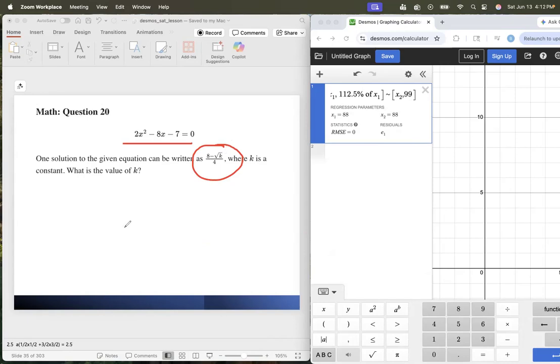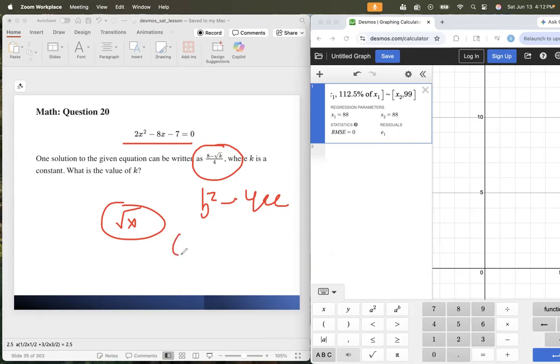Two, whenever they give me a quadratic equation and there's something under the square root as a portion of the solution, that thing is the discriminant. If you look at the quadratic equation, it's b squared minus 4ac. That's the easy way.